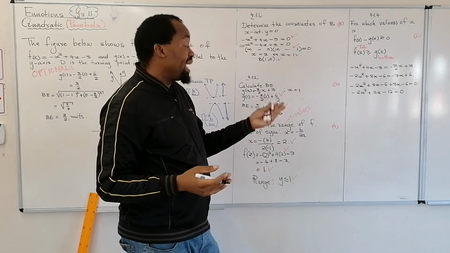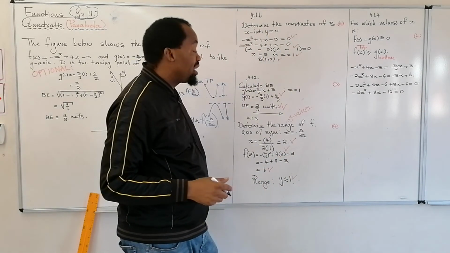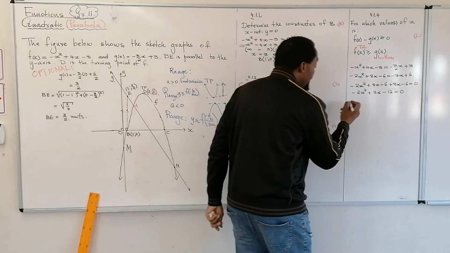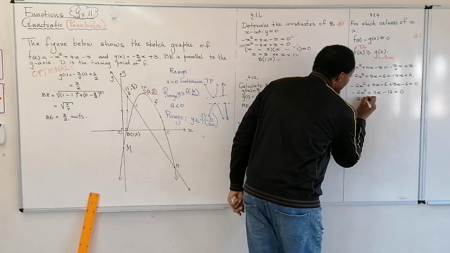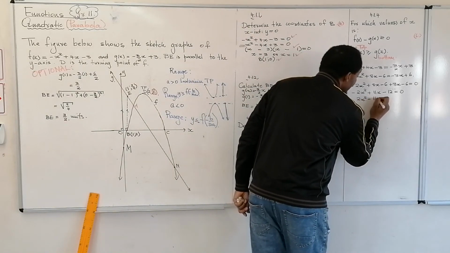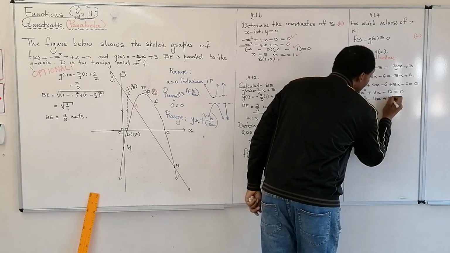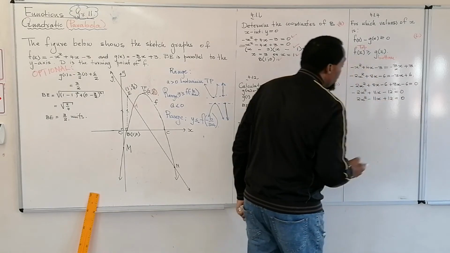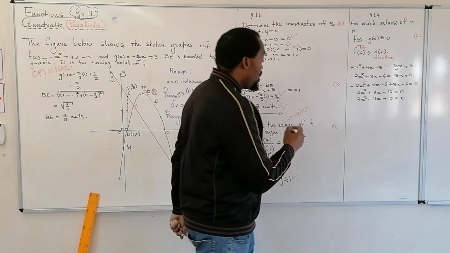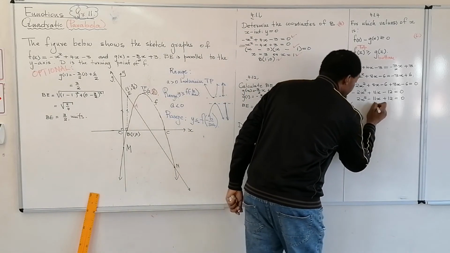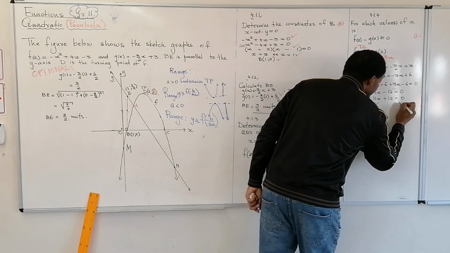I can again divide by negative 1, which is not a problem. It will be 2x squared minus 11x plus 12, which is equal to 0. Now I must factorize this.